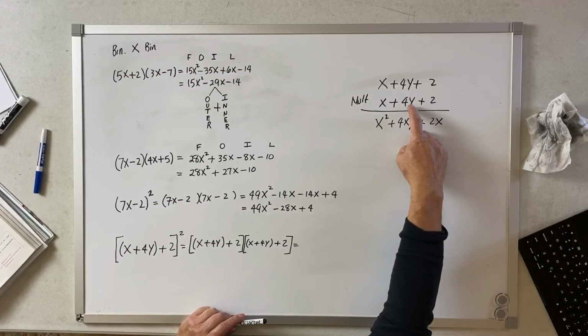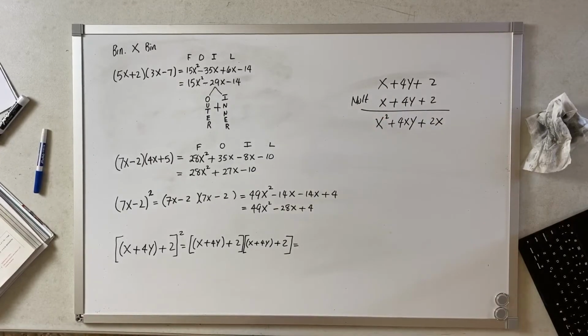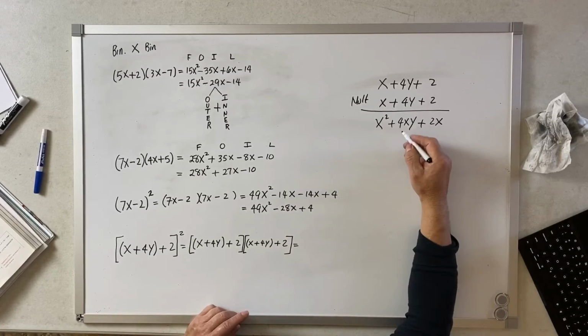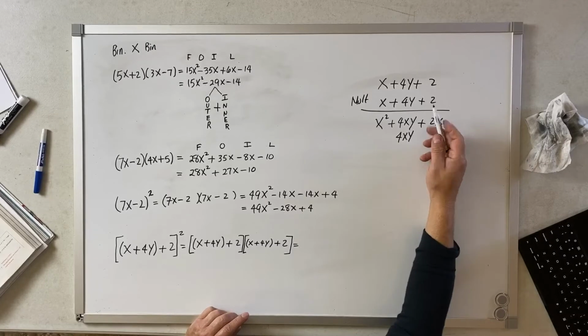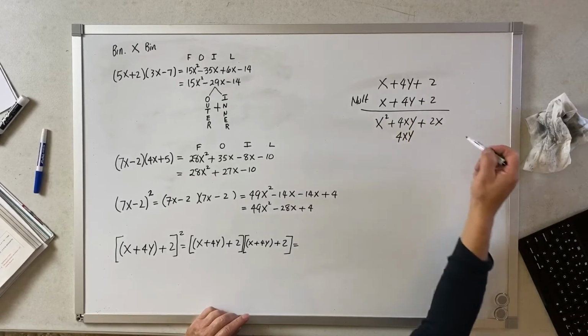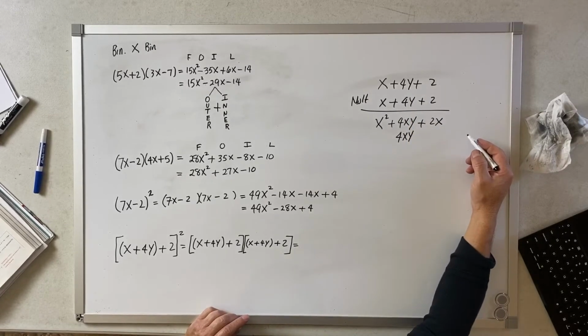Next, 4y times x. What is that? 4xy. 4y times 4y. What is that? 16y squared, but it's nowhere to be found.